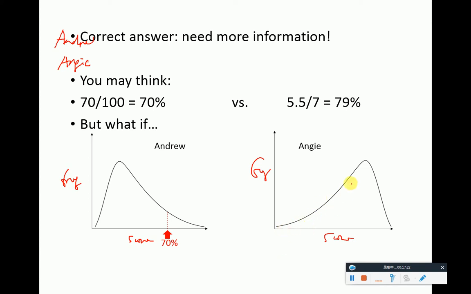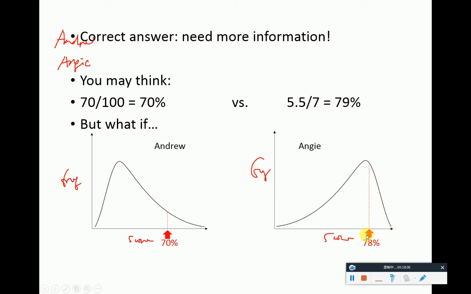So we also know that this distribution typically comes from an easy examination, or in this case, an easy program, where most people can perform very well, or we can think that most people in Angie's class are very smart. Either way, that means most people are receiving high scores. So although in numerical value, 78% is definitely larger than 70%, if we understand this frequency, there are more people ahead of Angie.